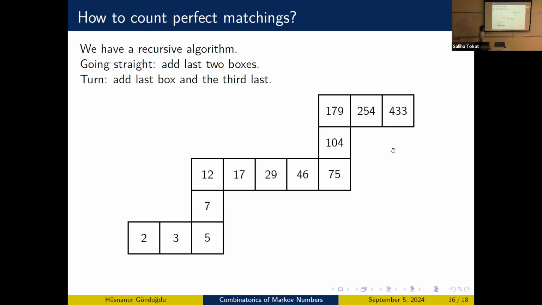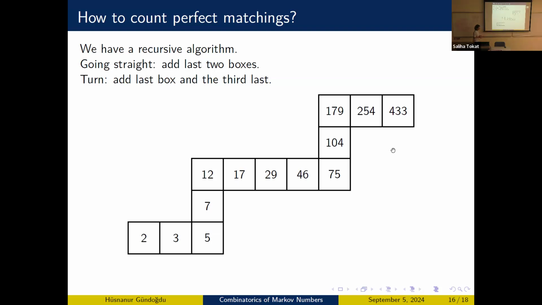For example, for the next square, we have 3 plus 2, like we calculated. And if there's a chain, we add the matching numbers of the last square and the third last. I mean, for the fourth square, we have 5 plus. And this way we can recursively calculate the perfect matching number of the domino graph, and this gives us 433.